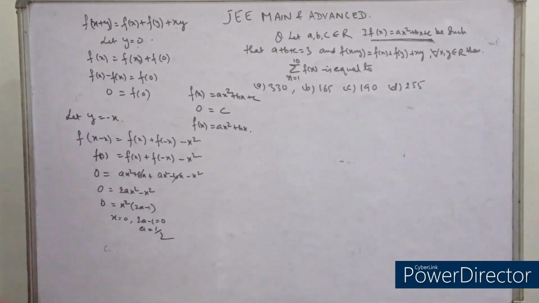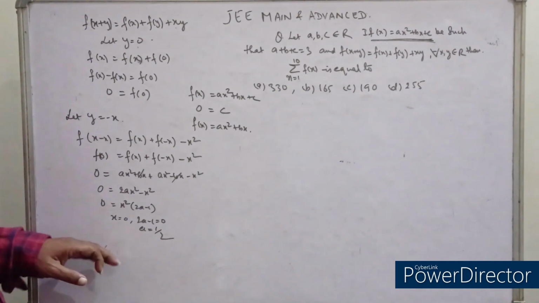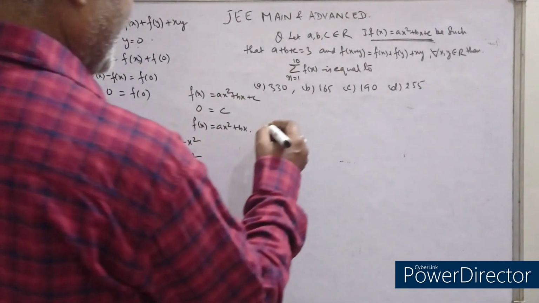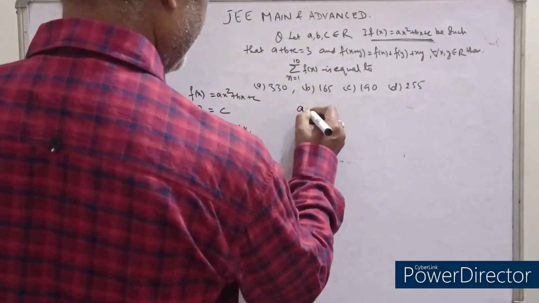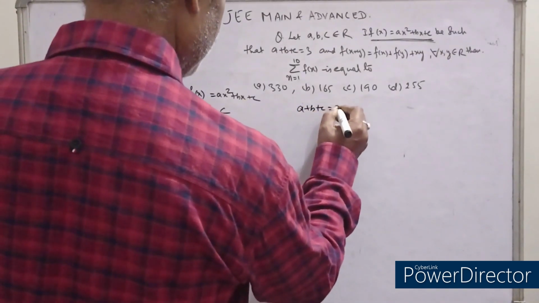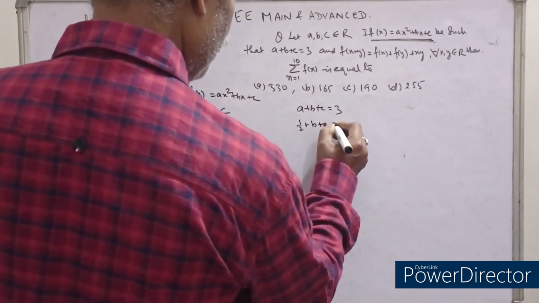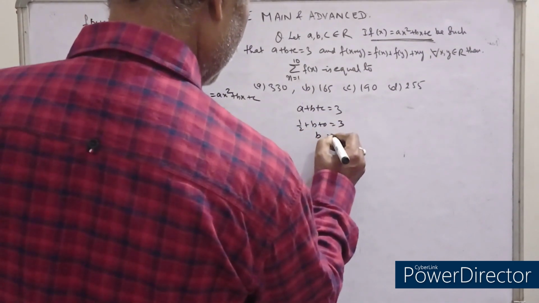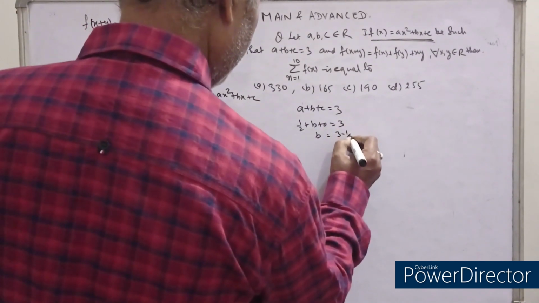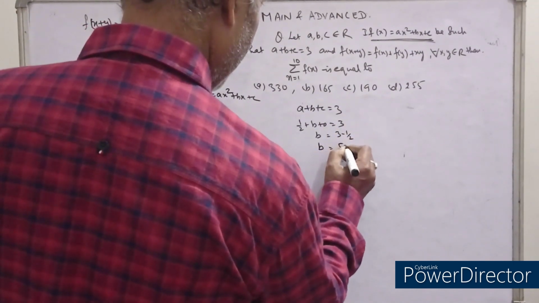So here you see, by taking y is equal to minus x, I am able to find out the value of a. Now I have found out a and c. So a plus b plus c is equal to 3. Your a is 1 by 2, c is 0, so your b is equal to 3 minus 1 by 2. So your b becomes 5 by 2.